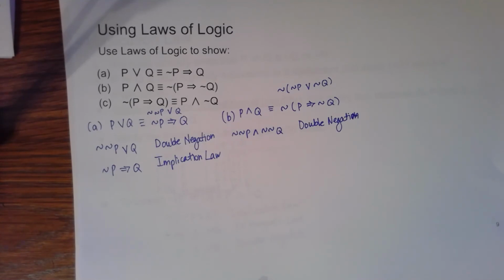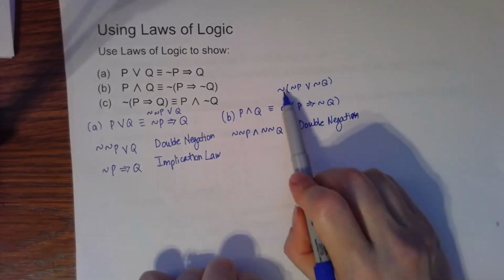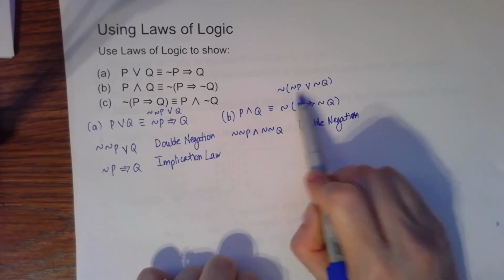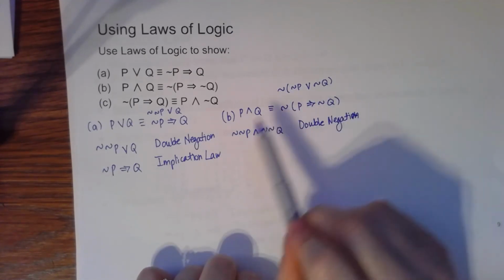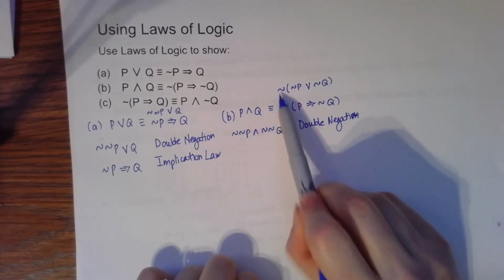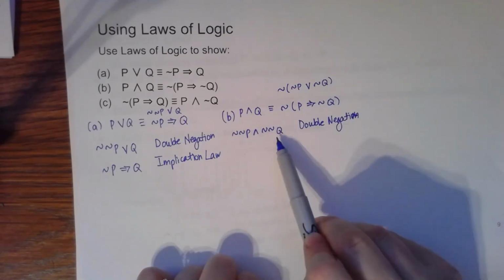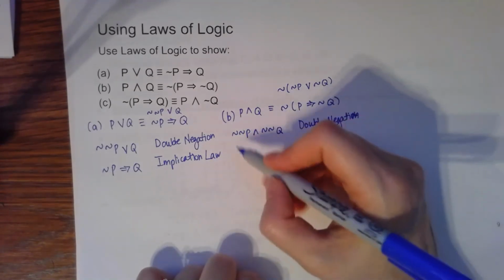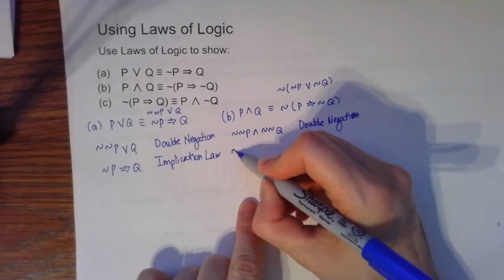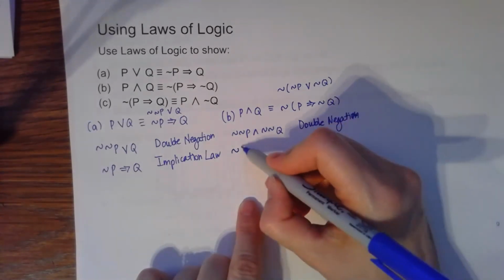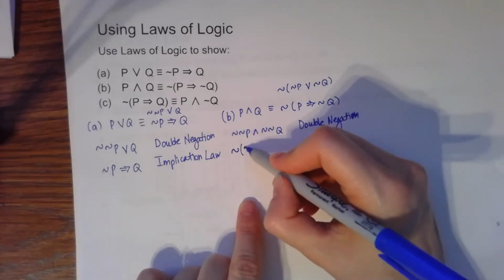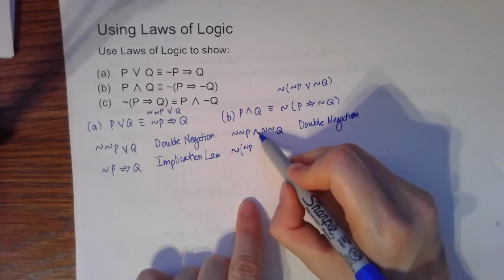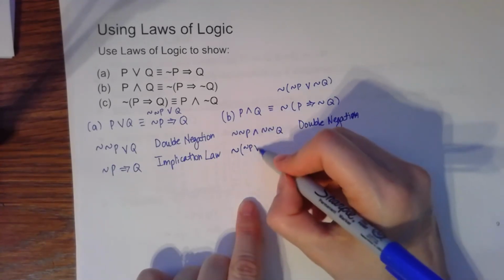Now notice that this not is outside the parentheses. So if I can use De Morgan's law on this, I could rewrite it. With De Morgan's law, I basically take out this negative, so I'll have a not P there. I've got to change the operation in the middle from an and to an or.